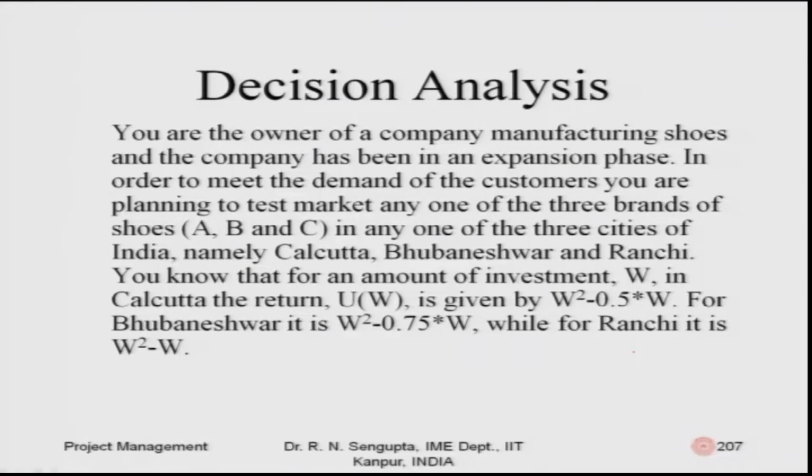For Bhubaneswar it is some other quadratic function, for Ranchi it is another quadratic utility function. So, you will be using the quadratic utility functions with different parameters: minus 0.5, minus 0.75 and minus 1 for the 3 different cities, and then multiply those utilities with the corresponding probabilities and try to find the best equivalence for the expected value.